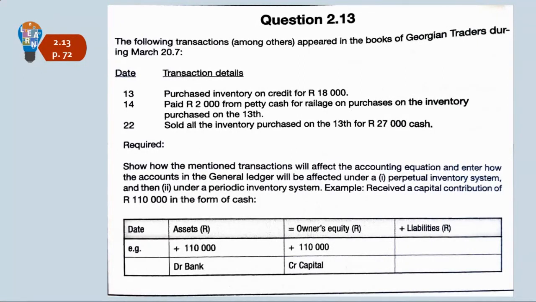How would we account for it? Okay, so let me repeat this. If we purchase inventory on credit, how would you account for that in our accounting equation? So let's start with the perpetual inventory system. You guys can either pick up your mic or you can just type in the chat function, that is fine.